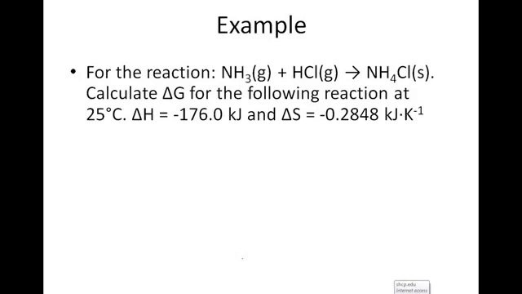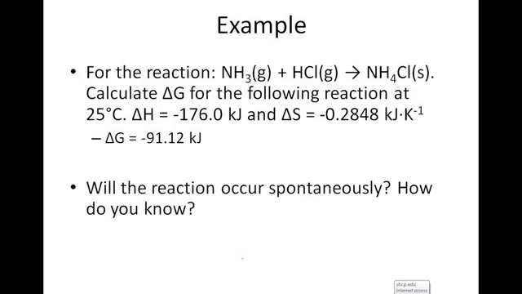When we plug that in, and we're given a temperature at 25 degrees Celsius, we get a negative value of G, which is negative 91.12 kilojoules.